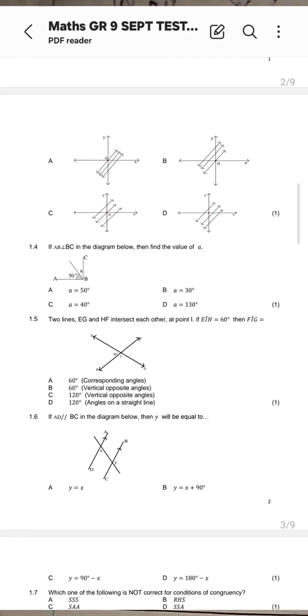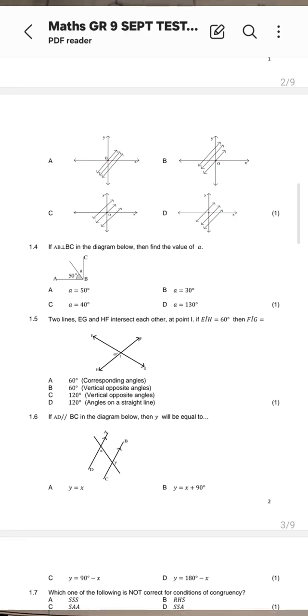What is the value of A? I'm sure you guys can see that there's a 50 degrees there, which is a part of the angle. And then A is the completion of angle B, right? But we are told that AB is perpendicular to BC.